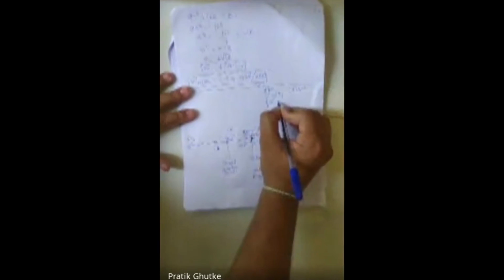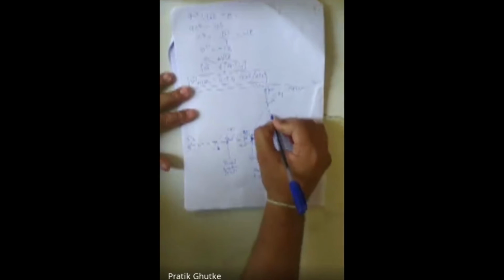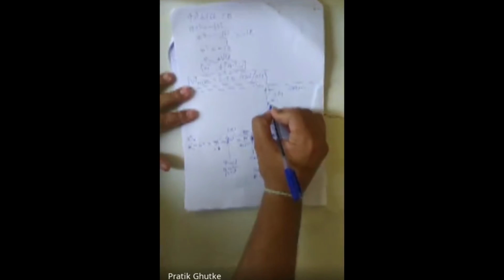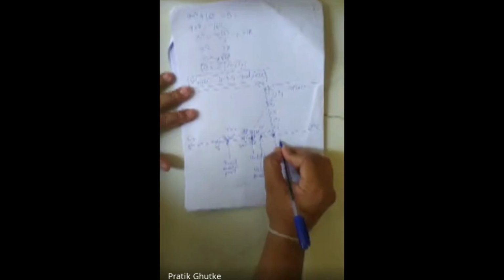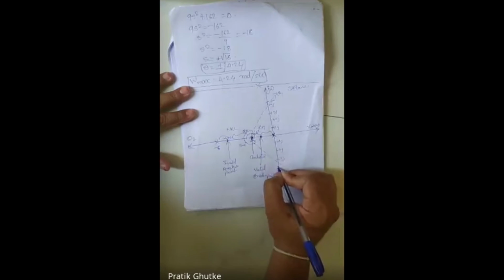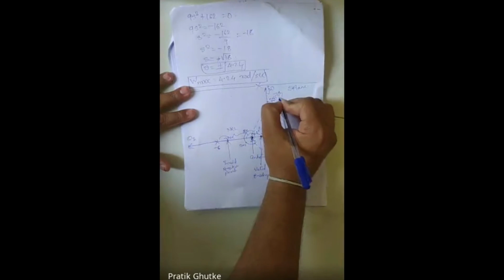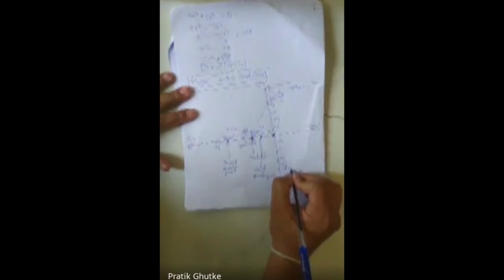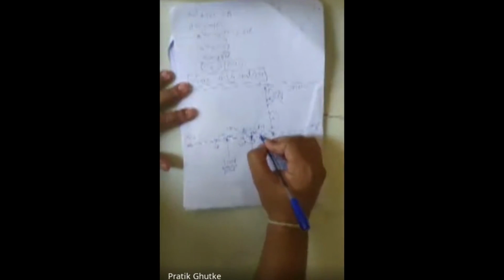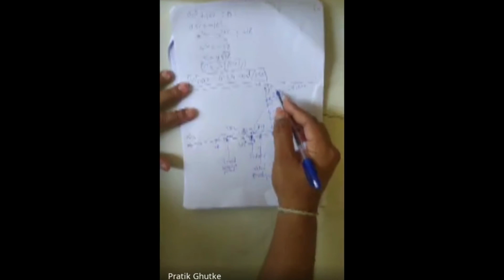So here -1j, -2j, sorry, here +1j, +2j, +3j, +4j, and -1j, -2j, -3j, -4j, and here somewhere there will be +4.24j and -4.24j.